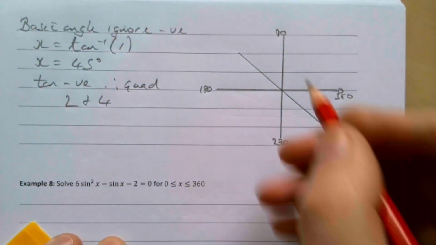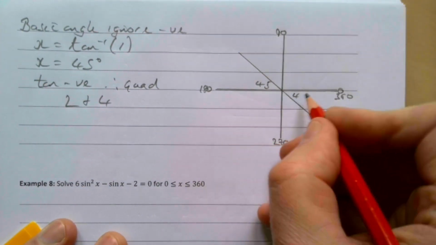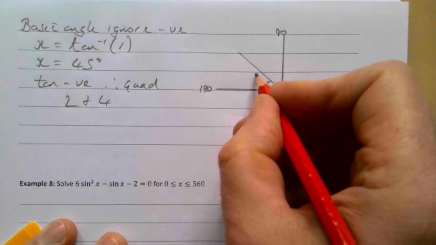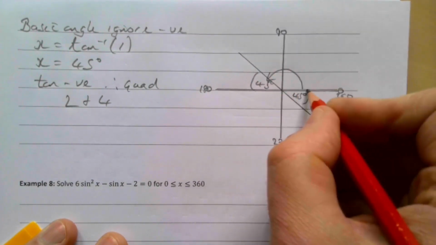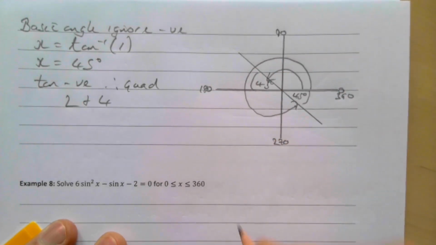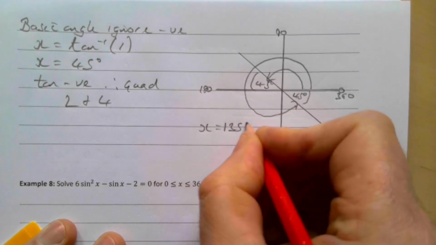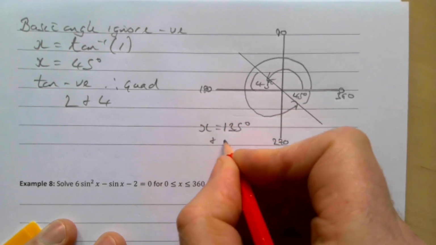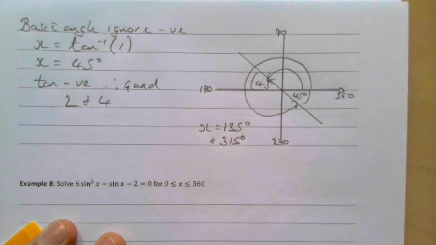That's where tan is negative. So that's 45 degrees in there, obviously, and that's 45 degrees there. So we want that angle there, and we want that angle there. So that gives me x is 135 degrees and 315 degrees.